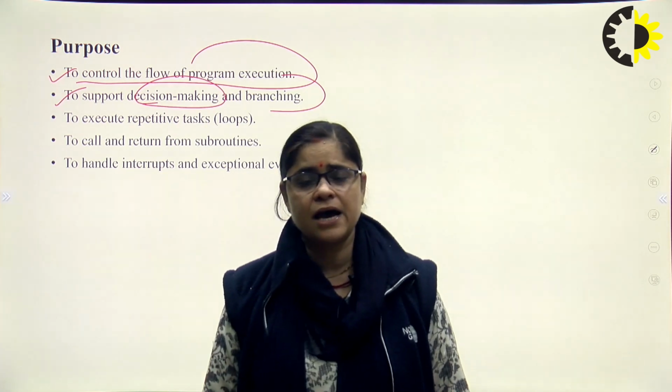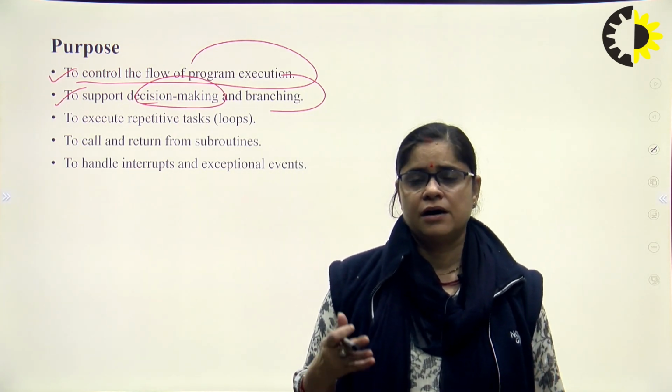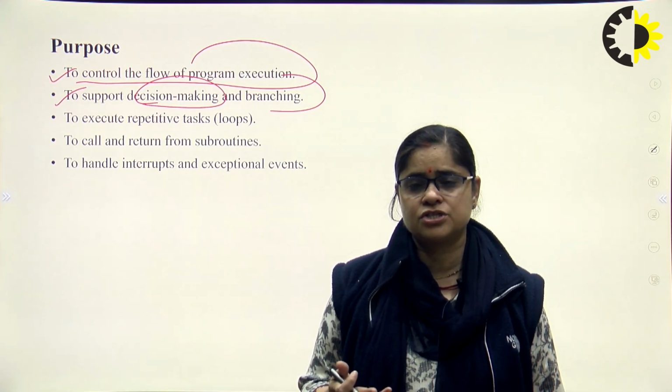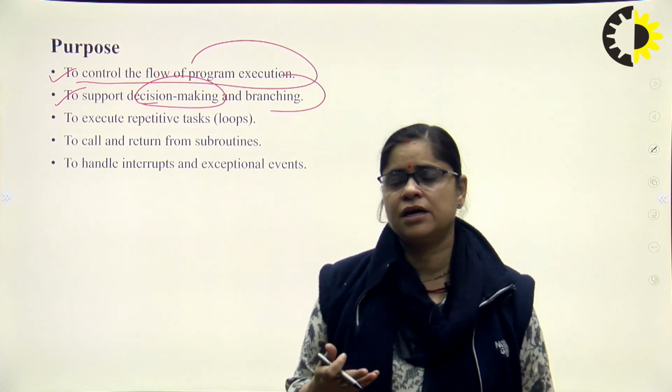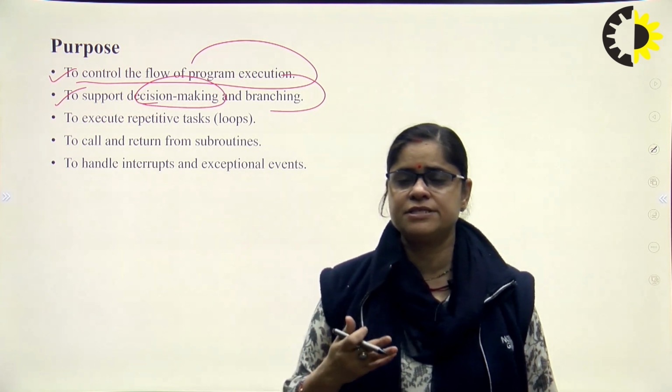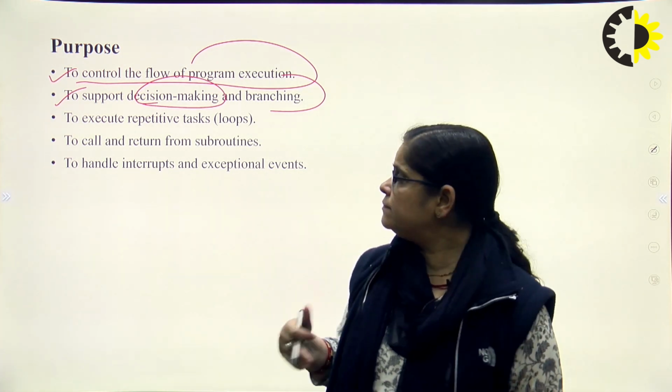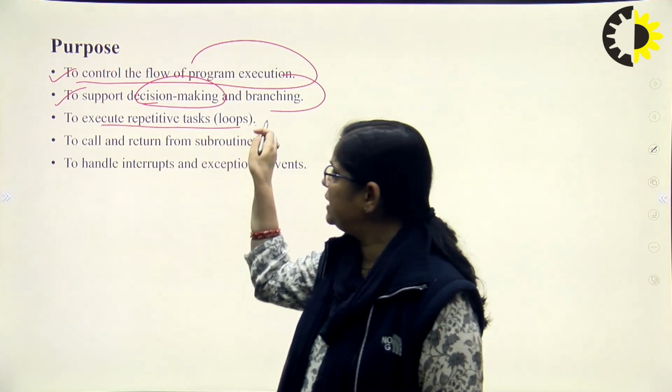Now, when we are using loops with program control instructions, it mainly works by jumping or calling. It means it executes repetitive tasks, right?